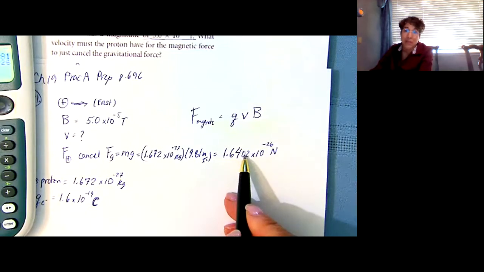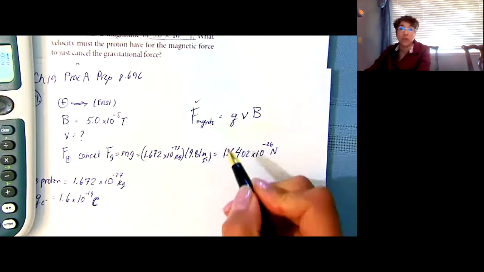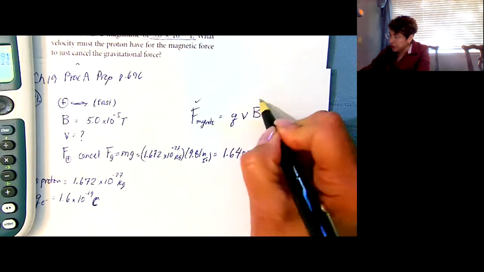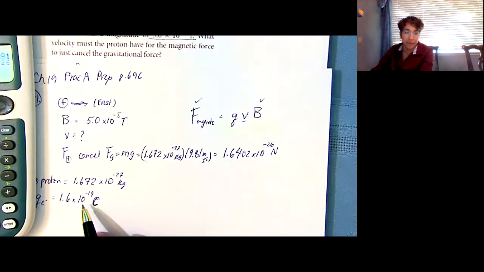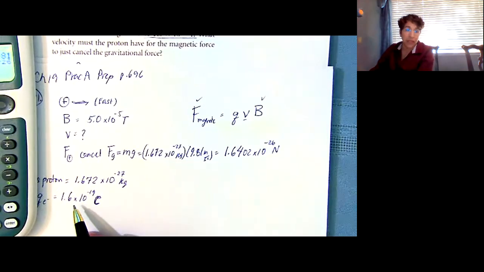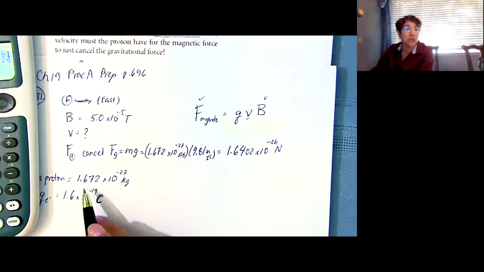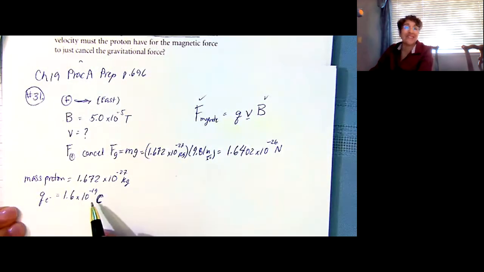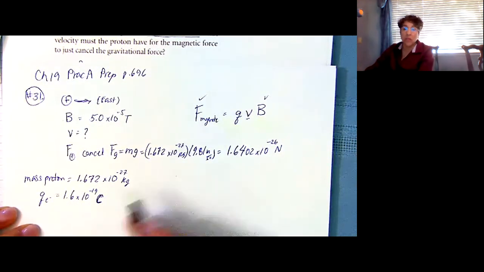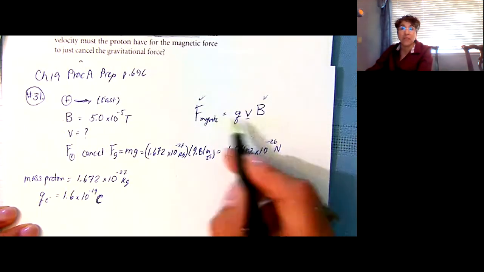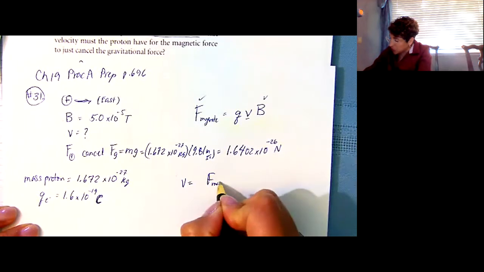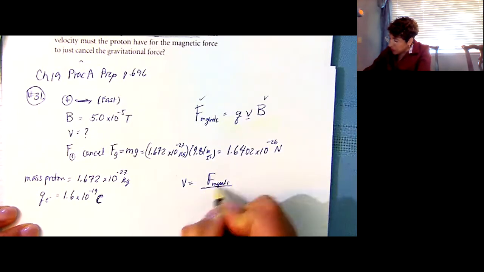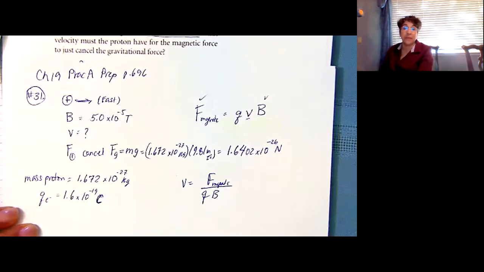So this problem is very similar to the other one because now I've got the force. I've got the B. We're looking for velocity. Oh, what's Q? Well, Q is what we had to look up. The charge for all protons, positive, is 1.6 times 10 to the negative 19 coulombs. So again, we're going to solve for V by dividing both sides by QB. So V is just the magnetic force divided by QB.